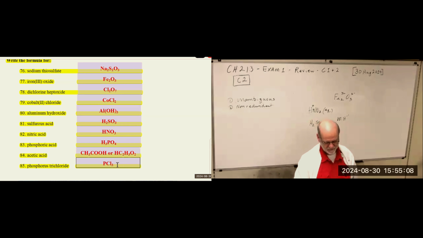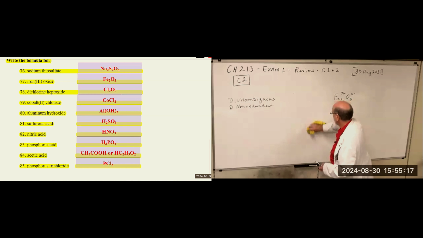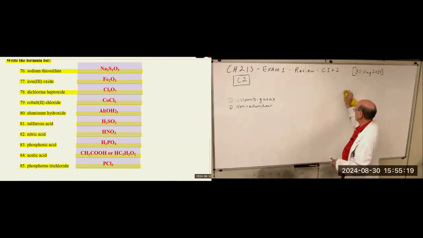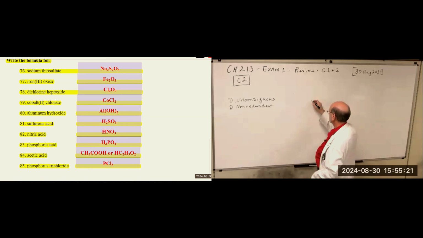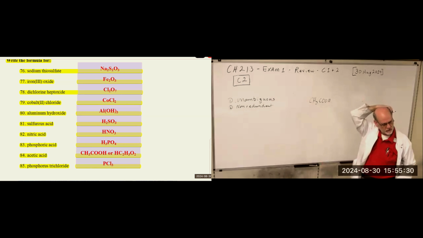Acetic acid, I wrote it 2 different ways here. The accepted way is HC2H3O2. But in older literature, you might see it written CH3COOH. This gives you a little information about the structure.